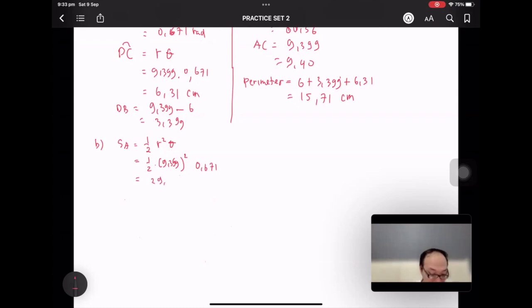So this is 29.64. And then the area of the triangle is half times 6 times 6 sine 1.8. So this is 17.53. So the shaded area equals 29.64 minus 17.53, 12.1 centimeter square.